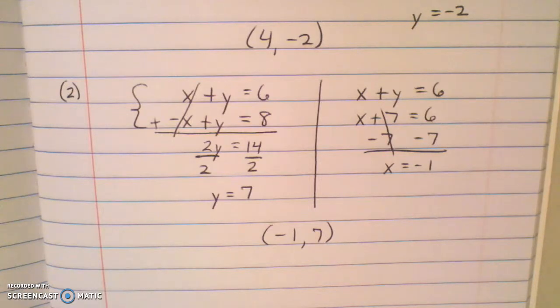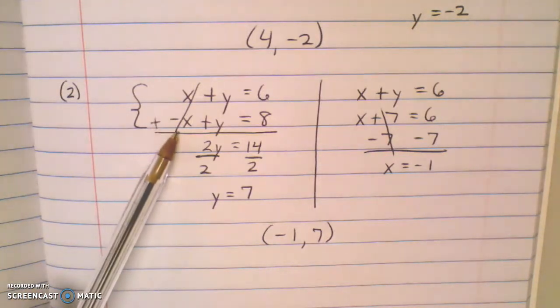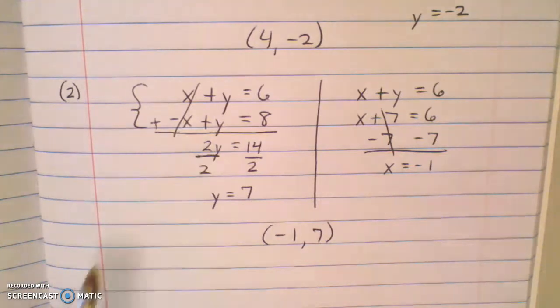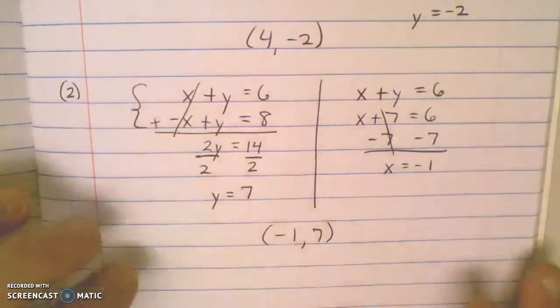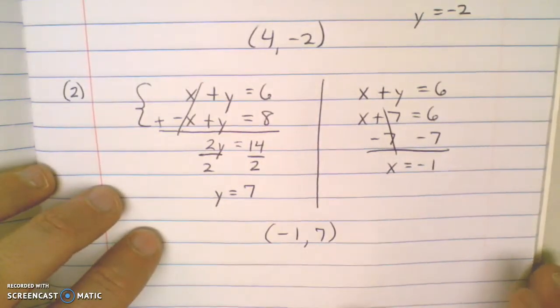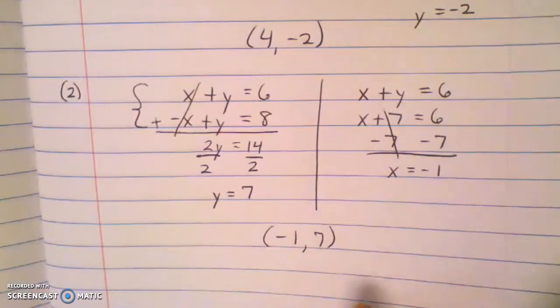So when your systems are set up where one variable crosses out with the other one, all you have to do is add the two equations together and you'll be able to eliminate one of the variables and solve for the other one. Let's take a look at an example where we might have to do some manipulation to make this process work for us. So we'll try the next problem.